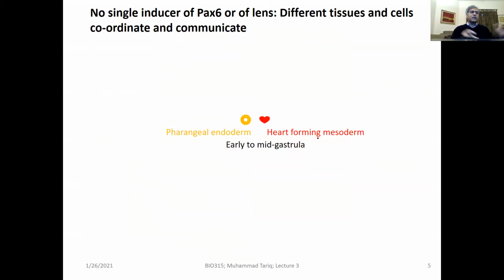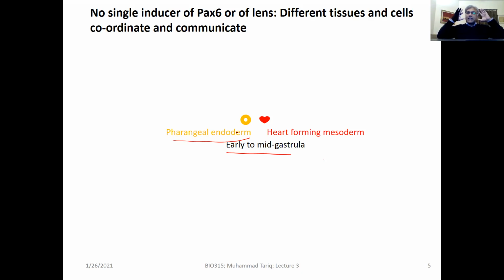So Abdullah, the answer to your question is coming now. At an early embryonic stage, in the mid-gastrula stage, the presumptive pharyngeal endodermal cells, the pharynx is not there at all. This is where you have the pharynx.